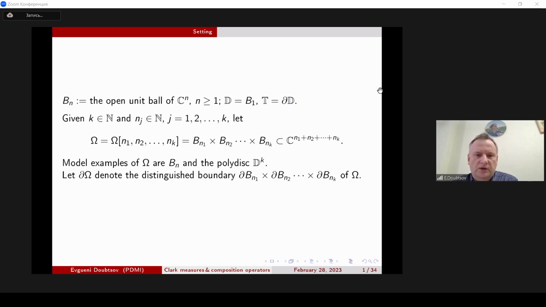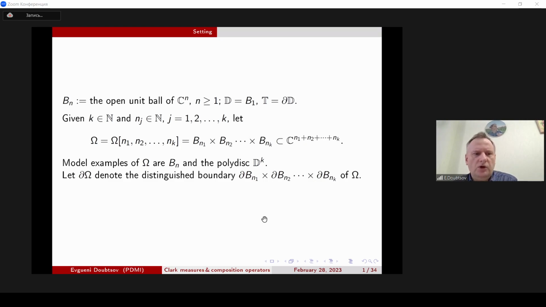From the complex analysis point of view, it's obvious, but even in this setting of operator theory, it will be visible at some points that they are different. But the main theorem holds for both objects. The result does not change if you consider the unit ball or the unit polydisk. And moreover, it holds in this more or less general setting of the domain omega under consideration.